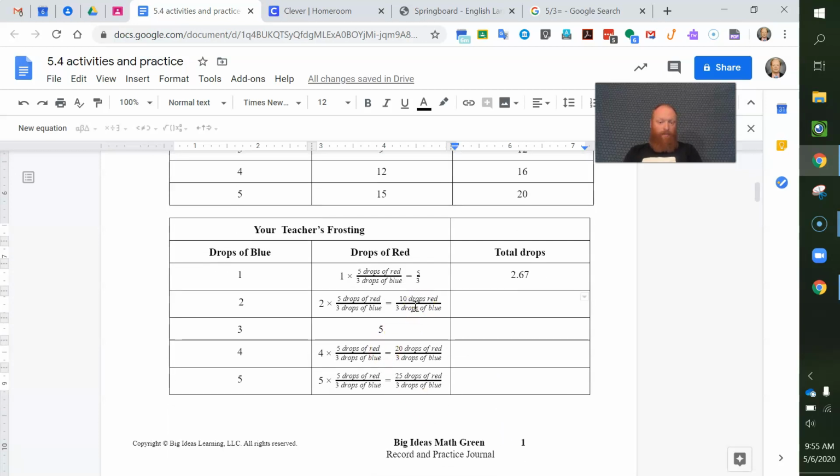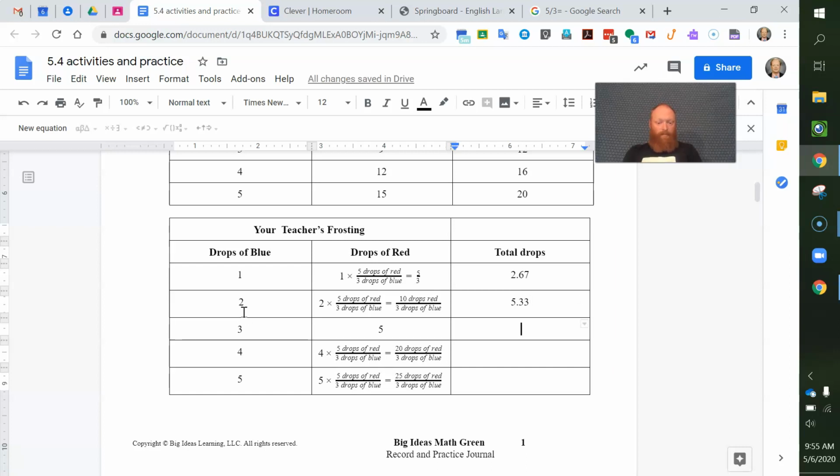This will be 3 goes into 10, 3 and a third, so this would be 3.33 plus 2, so this would be 5.33.